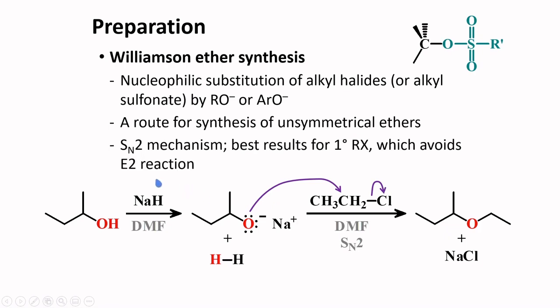The reaction follows an SN2 mechanism, so best results occur for primary alkyl halides, which avoids an E2 reaction. In some cases, secondary alkyl halides may also be used, but the temperature must be controlled.